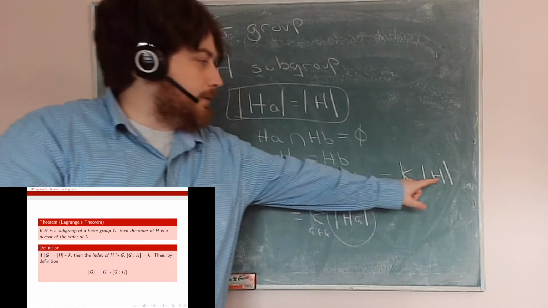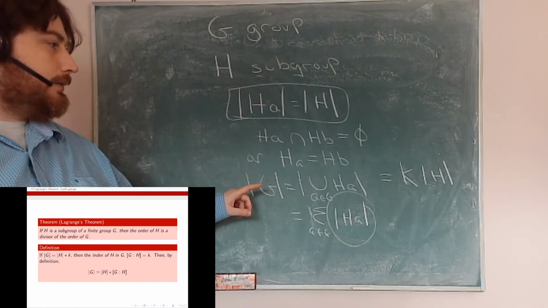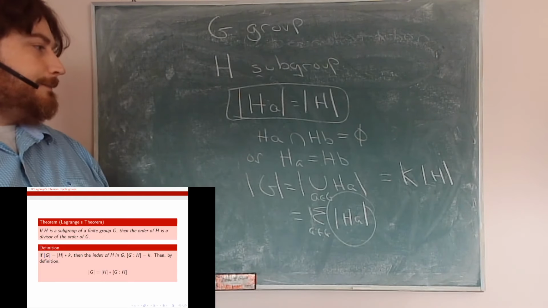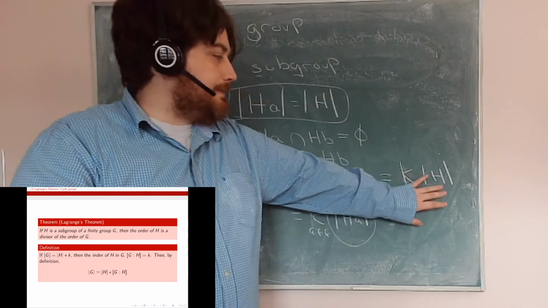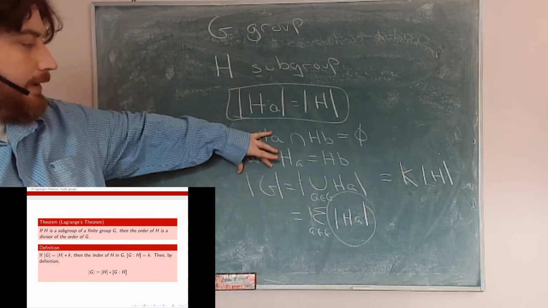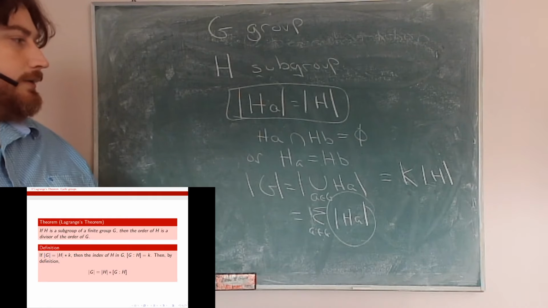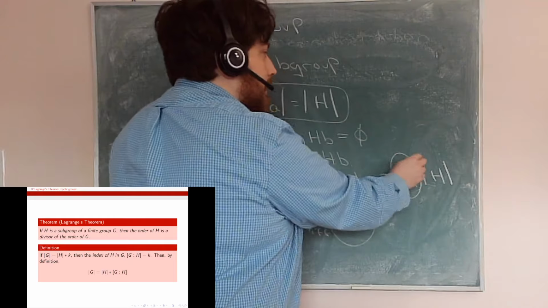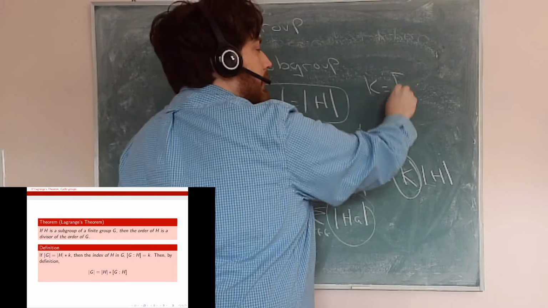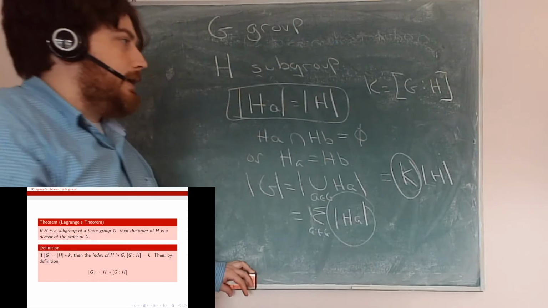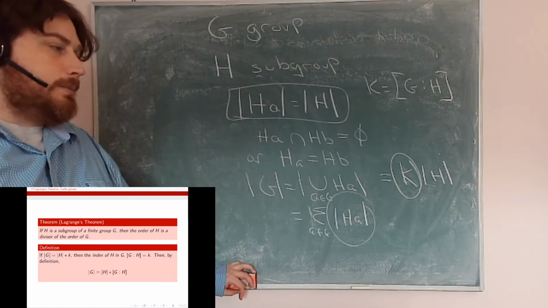Therefore, the order of any subgroup must divide the order of the group, because we're going to get exactly the number of right cosets times the cardinality of the subgroup is equal to the cardinality of the group. And again, just because this K can be important, we defined it as the index of H in G, and we gave that some notation so that we could talk about it.